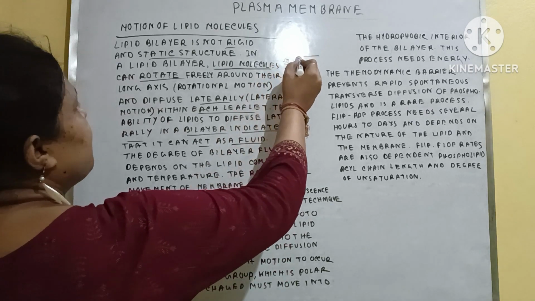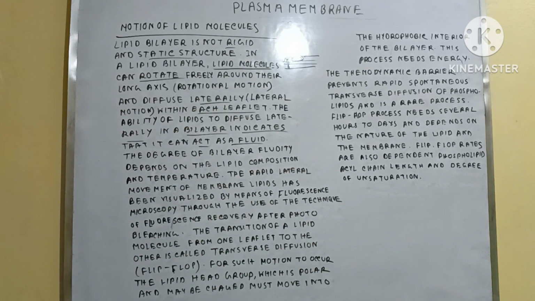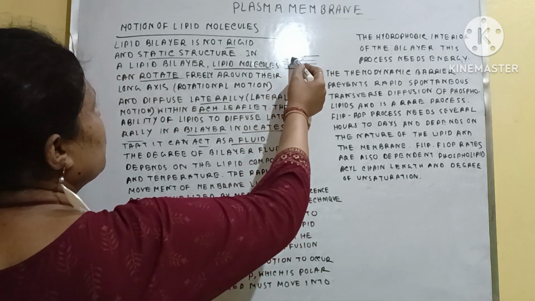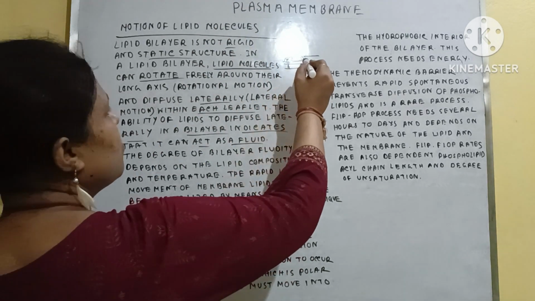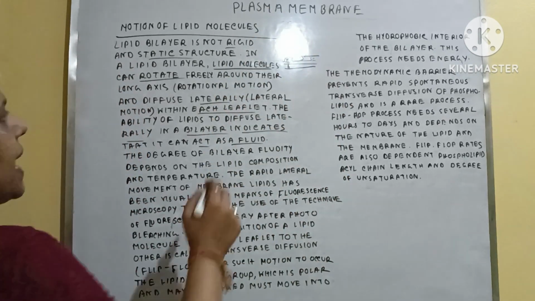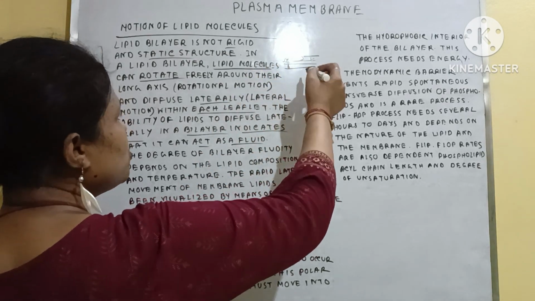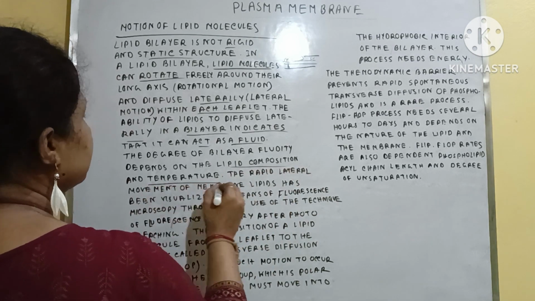If it moves within the monolayer, this is one kind of movement, or it can move to another monolayer, which is another kind of movement. And the degree of bilayer fluidity depends on the lipid composition and temperature.